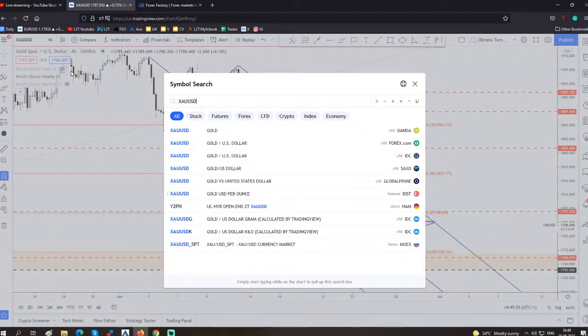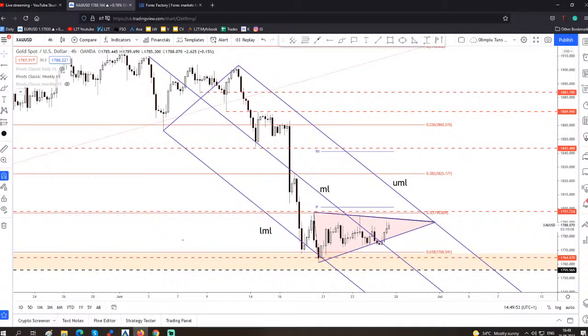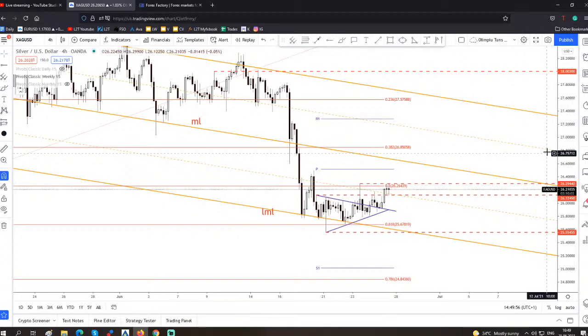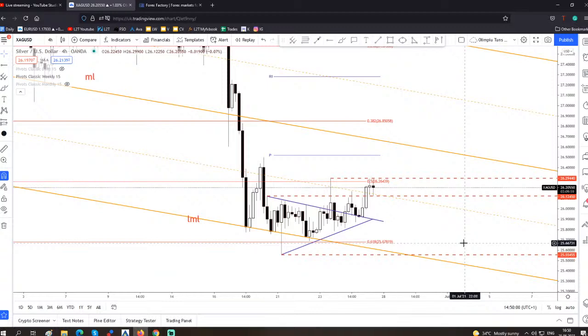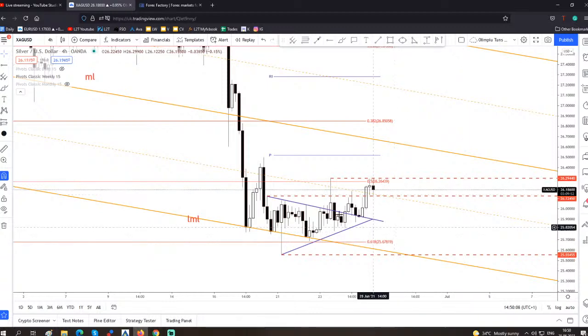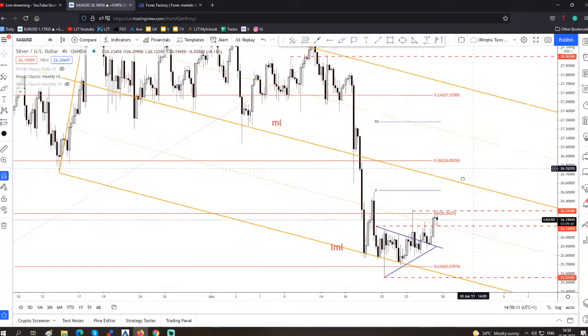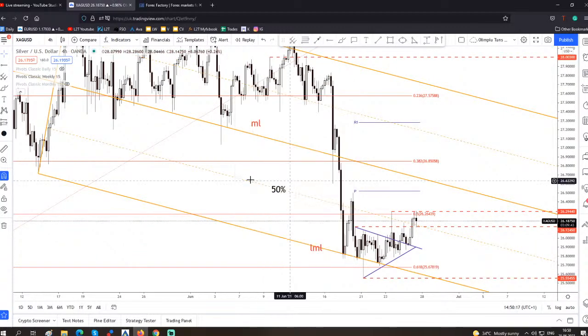Let's take a look again on silver. Yeah, price of silver changed a little here. It's trying to stabilize above this 26,124 former resistance, above the 50%, guys. Here the downside 50% Fibonacci line of the descending pitchfork.